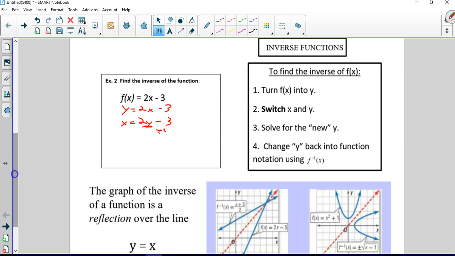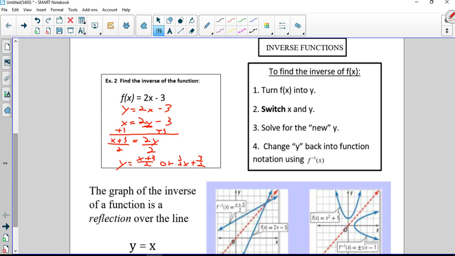The first thing we're going to do is add 3 to both sides. That gives me x plus 3 equals 2y. I'm going to divide the whole side by 2, and that's going to give me y equals (x plus 3) over 2, or 1/2 x plus 3/2.